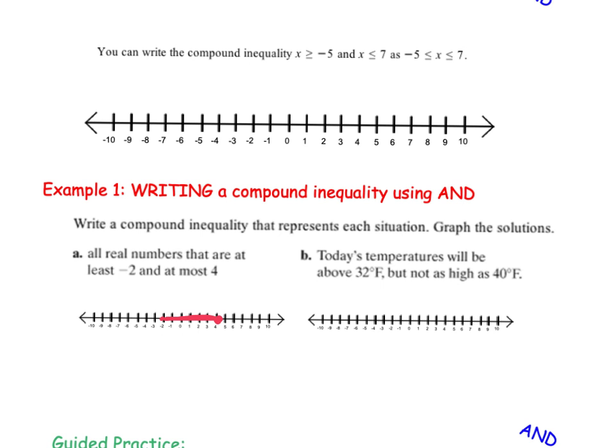And so now I like to start to write my compound inequality, and I'm going to write it as one statement instead of the 2 inequalities separately. And I like to use my graph to help me. My values or solutions are that red line there, so those are my x values, my solutions. I have an upper boundary of 4, so I write that on the right side, and I have a lower boundary of -2, and I write that on the left side.